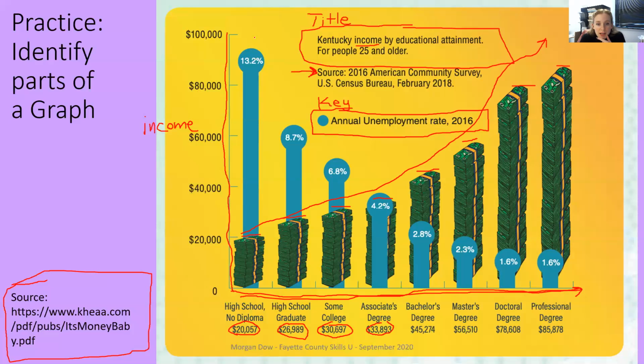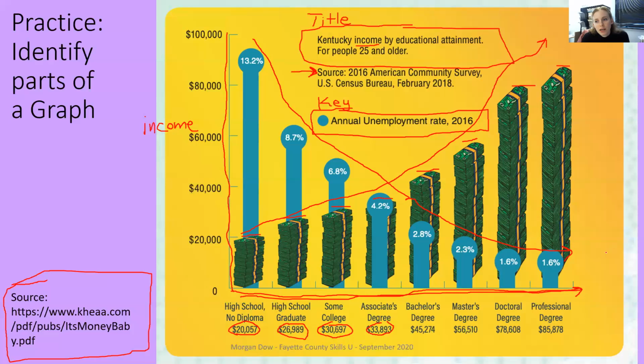I also notice that unemployment is highest if you don't have your high school diploma, right? And then it goes down as we go up in education. So those are the two trends that I see when I look at this graph.